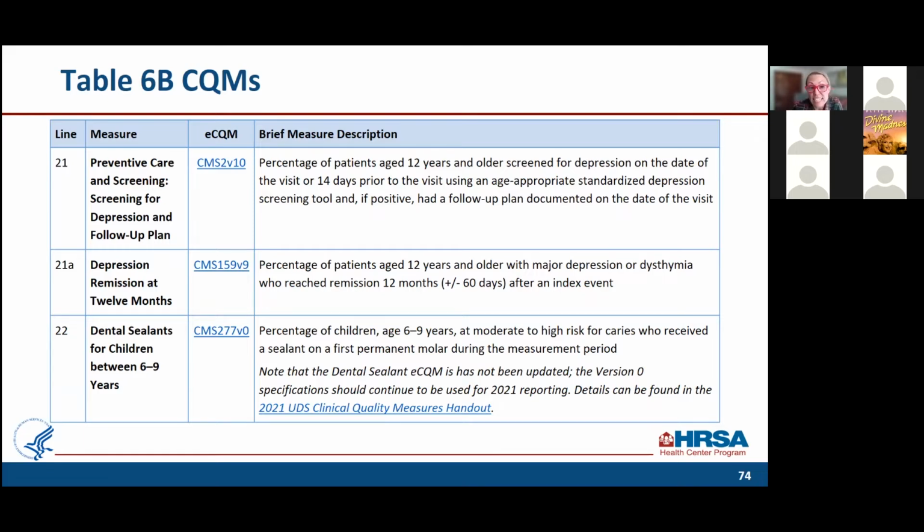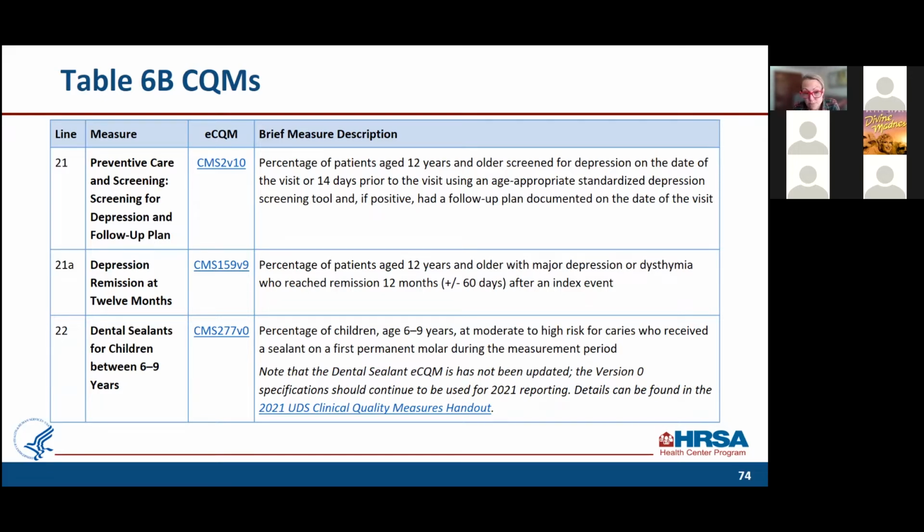Last on this slide is line 22 of table 6B. This measure is the dental sealants measure, which measures the percentage of children age 6 to 9 years at moderate to high risk for dental caries who receive dental sealants on their first permanent molar during the measurement period.